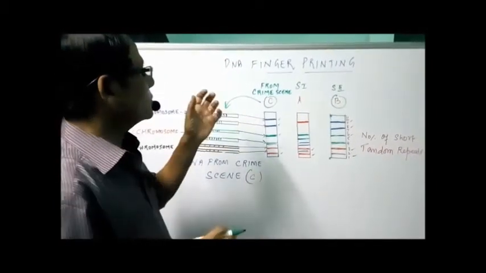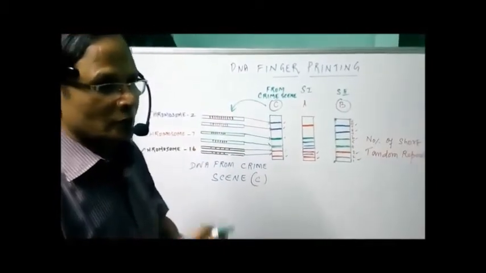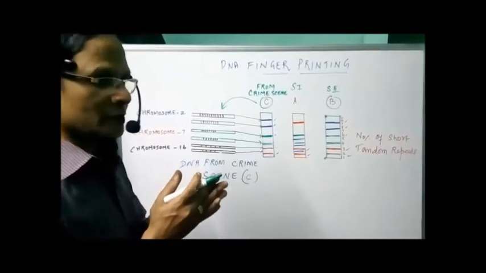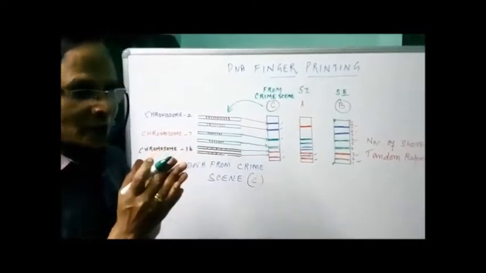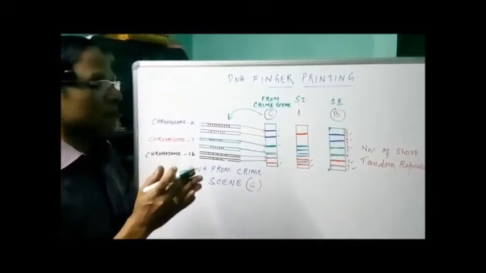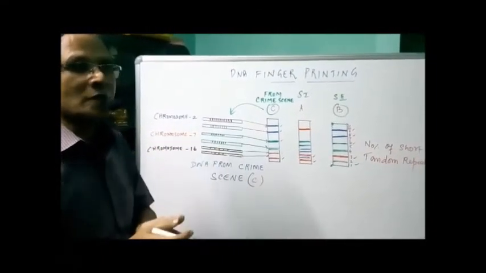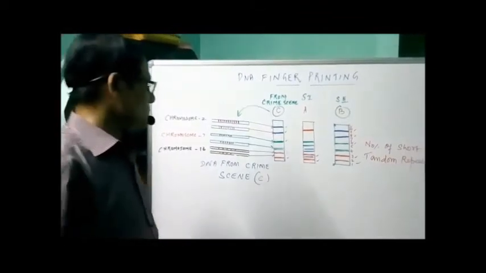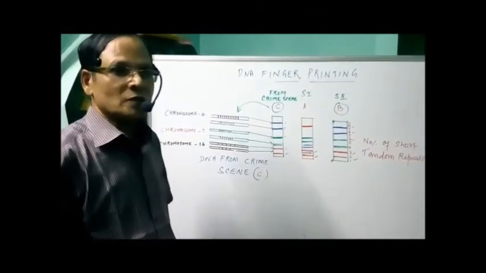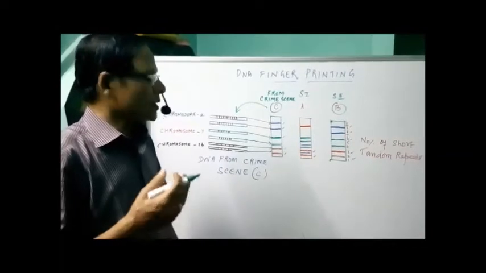Okay, this is one of the uses I mentioned. We are comparing the DNA of different persons. If there is a match between the crime scene DNA and the suspect's DNA, then we can say that person is the culprit.